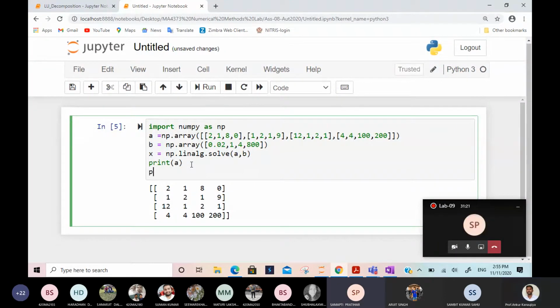A, comma, colon, 1. Yes, A[:, 1]. So here instead of row I am not writing anything, but instead of column I am writing number 1.